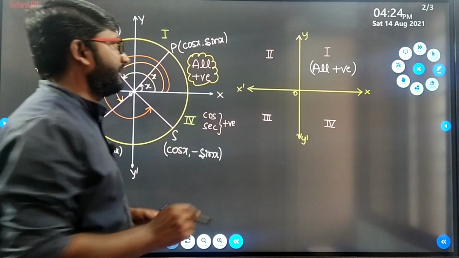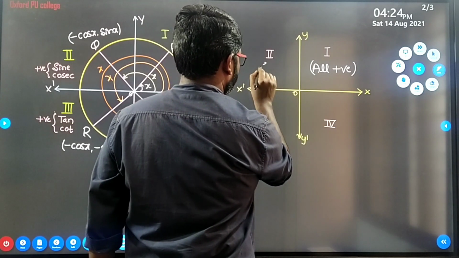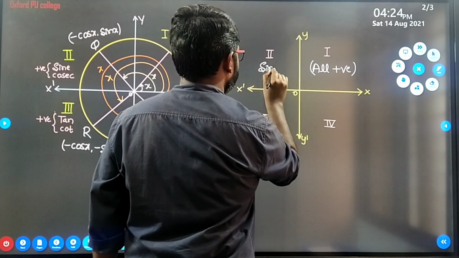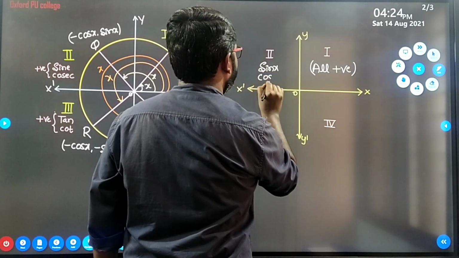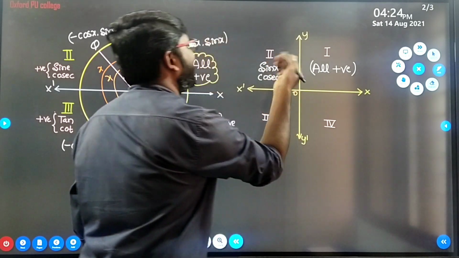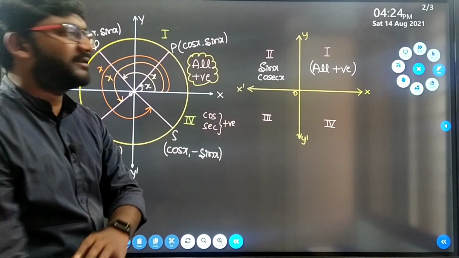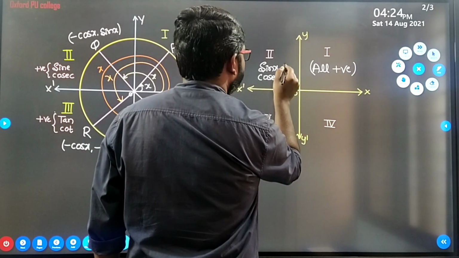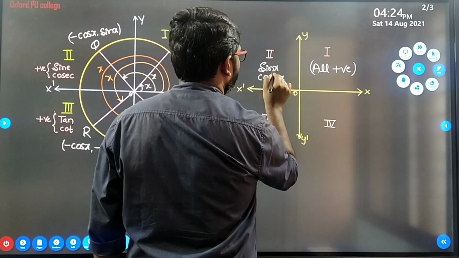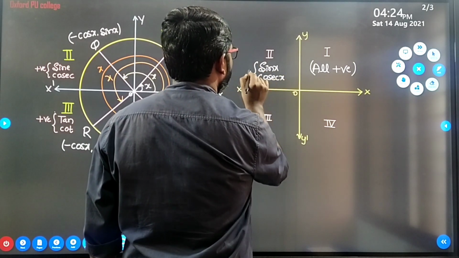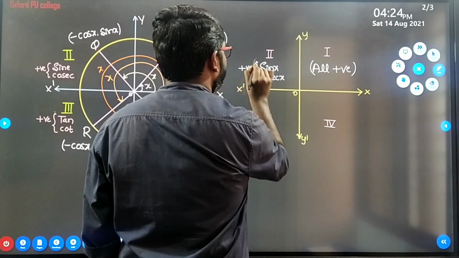Remaining 4 will be negative. So here sin x and cosecant x are positive.